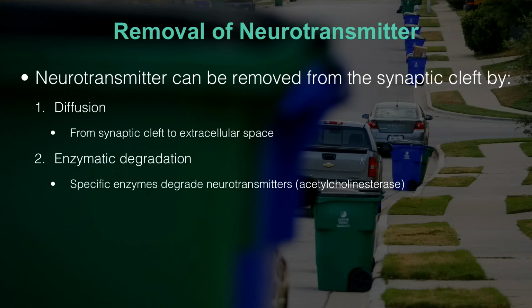Number two, we can degrade it. There are specific proteins nearby, just like the receptors are proteins, that bind and degrade the neurotransmitter. And so our most popular neurotransmitter is acetylcholine. Acetylcholinesterase is an enzyme that breaks it down.